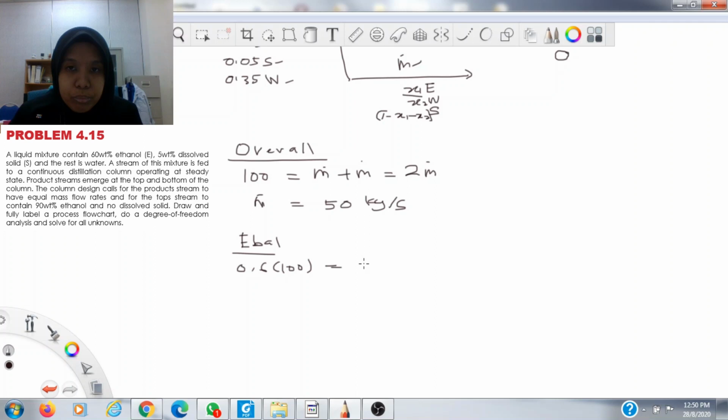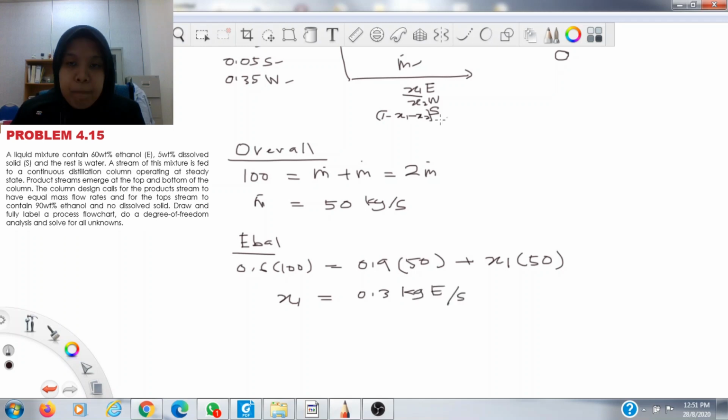Then here we don't know X1, times 50. So now we know X1, the mass fraction of ethanol at the bottom, is equal to 0.3 kg ethanol per second.